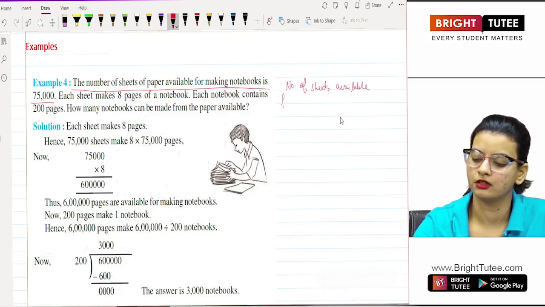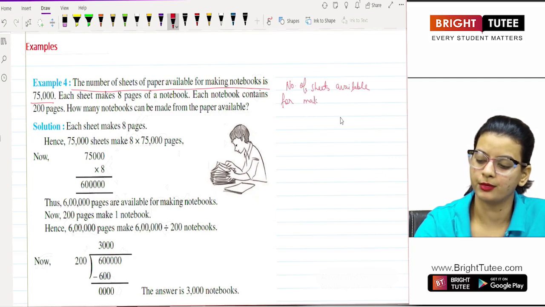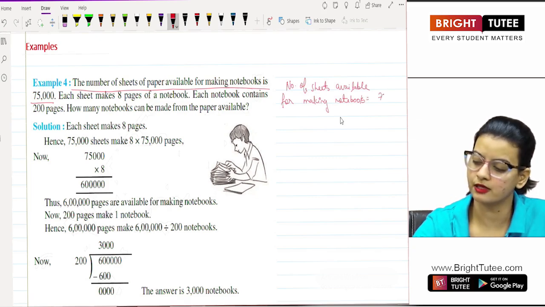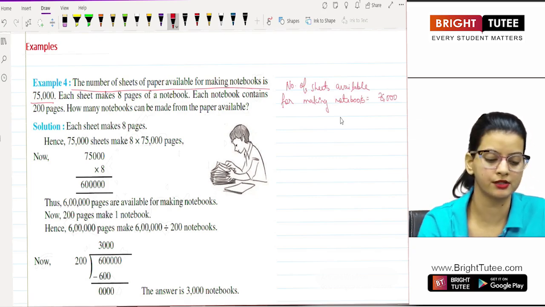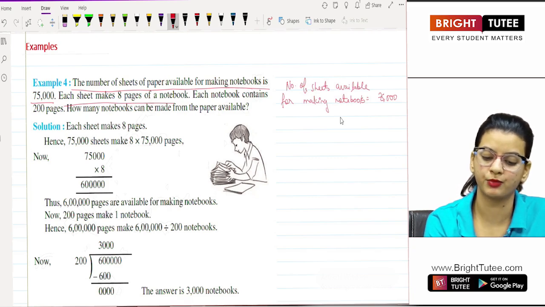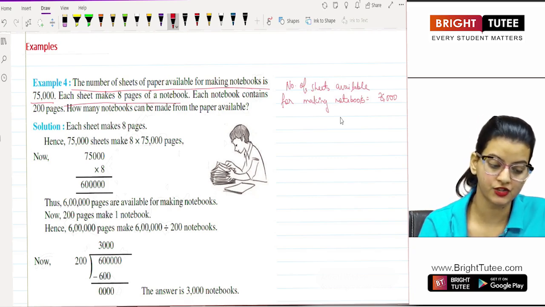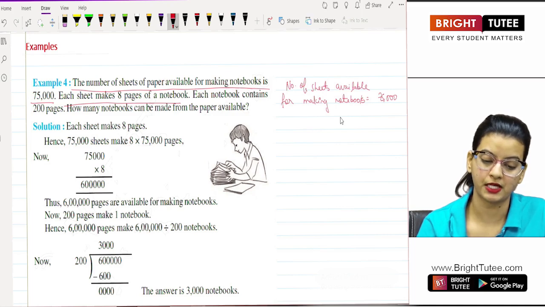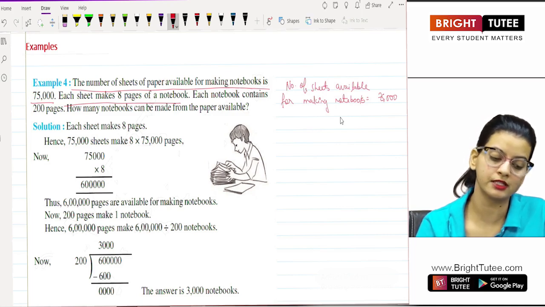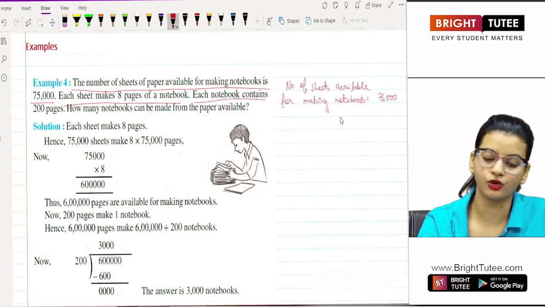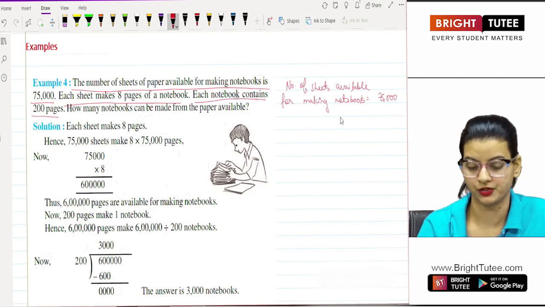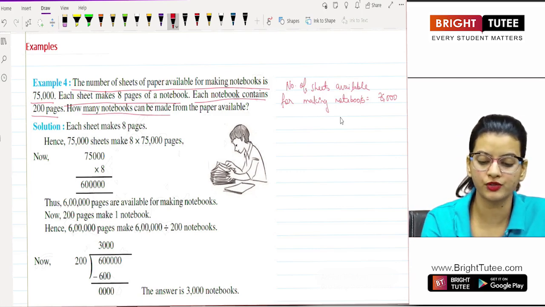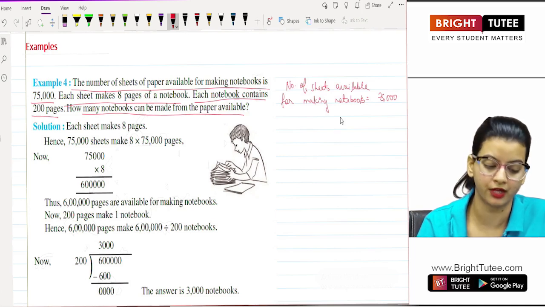Now, each sheet makes 8 pages of notebook. Now, each notebook contains 200 pages. So, how many notebooks can be made from the paper available?